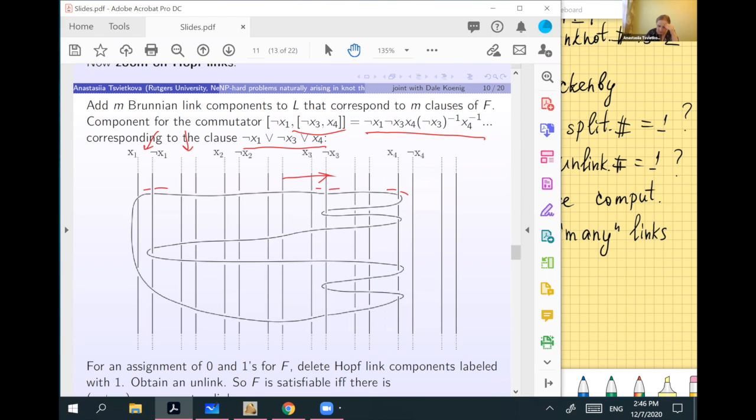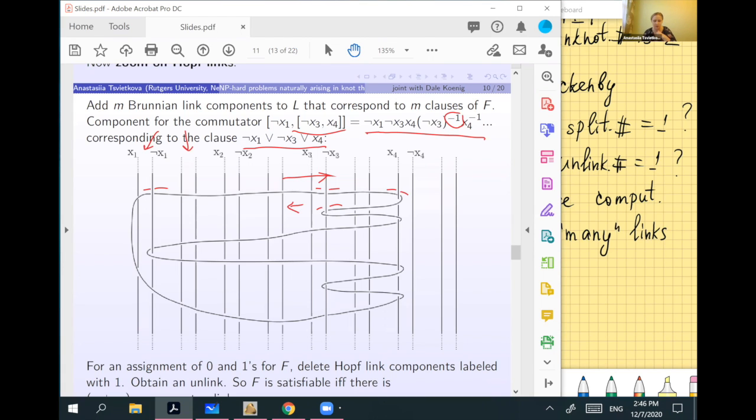And first I'm going in that direction. But once I have a negative power, I still go under, but in the opposite direction. So not x3 inverse means I still go under, but now in this direction. So that's really a very simple procedure to construct a link component.